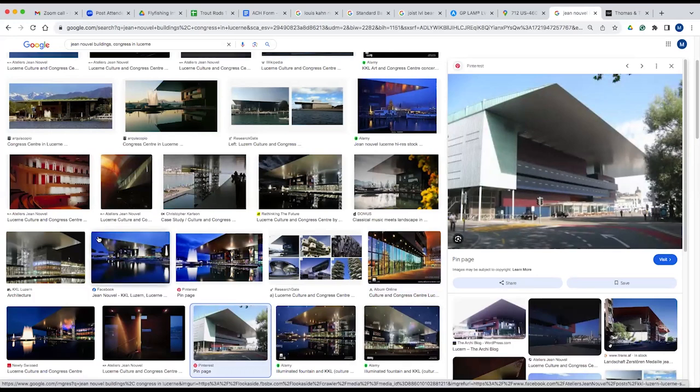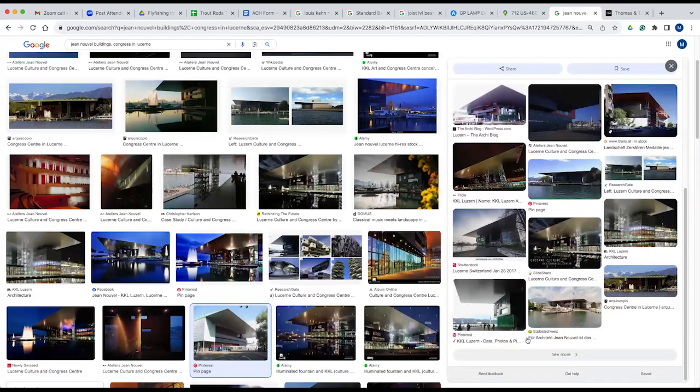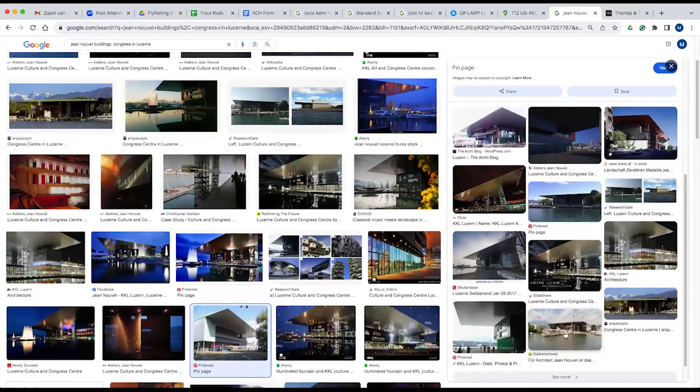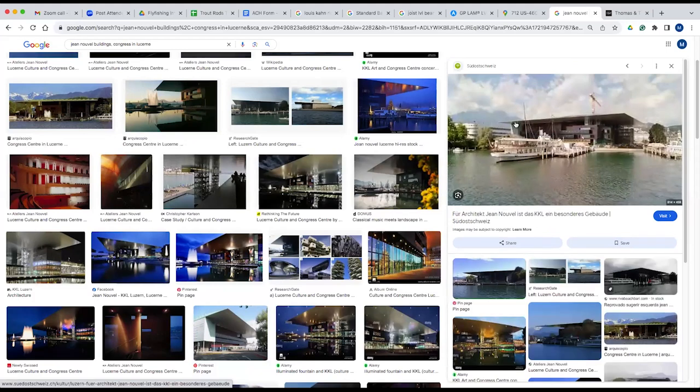So when you look at it, it has this very thin profile, and you don't really see how he did it. From across the bay, the lake, all you see is this edge.